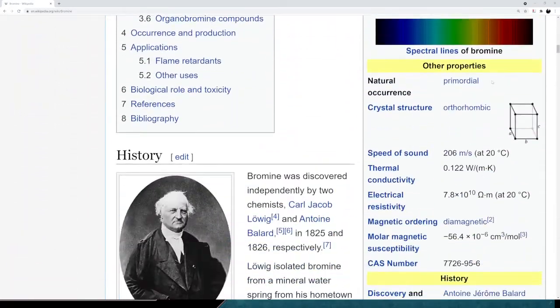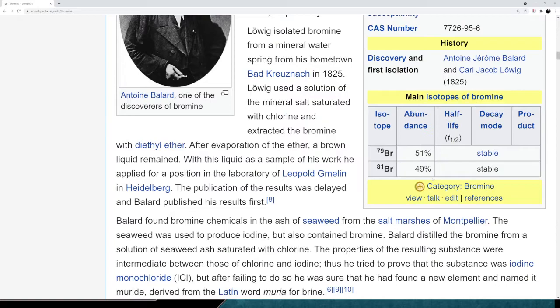I'm going to skip down. Oh, what's this? We have 2 isotopes of bromine. Bromine comes in 2 flavors. Bromine 79, which is 51% of all bromine, and bromine 81, which is 49% of bromine.